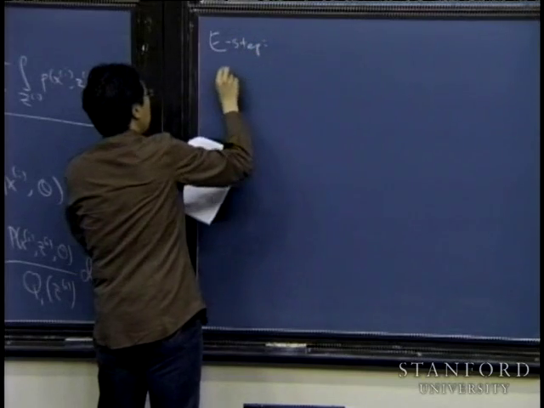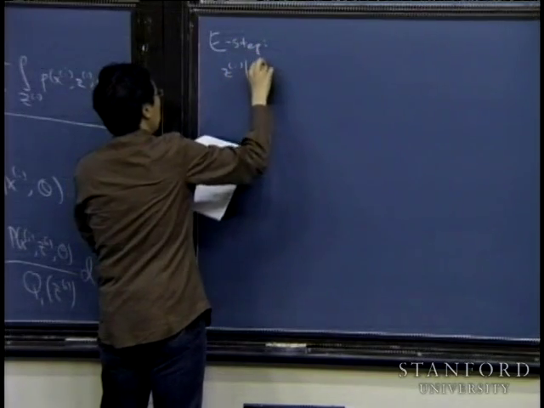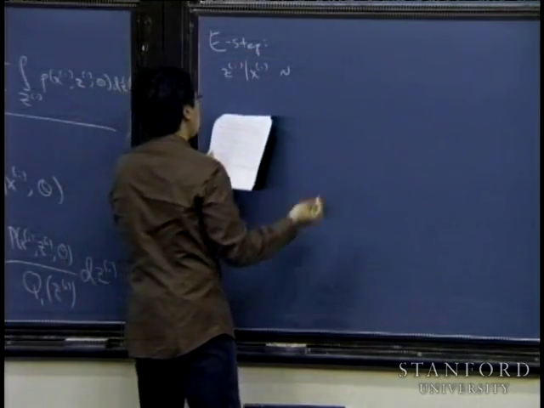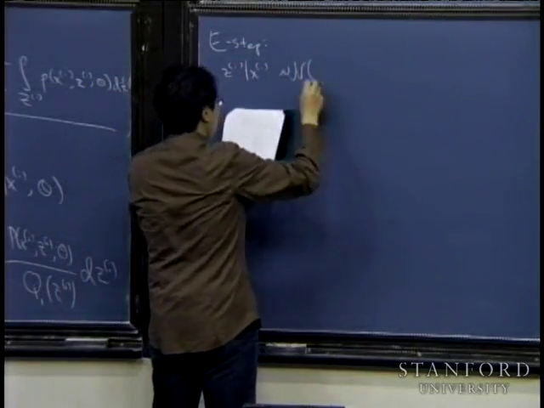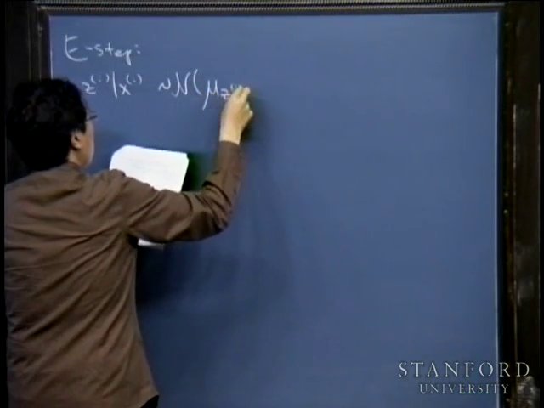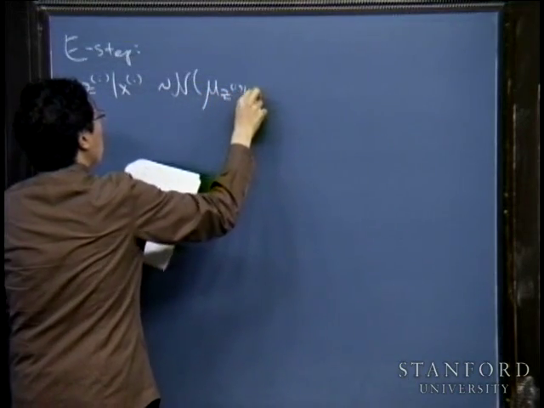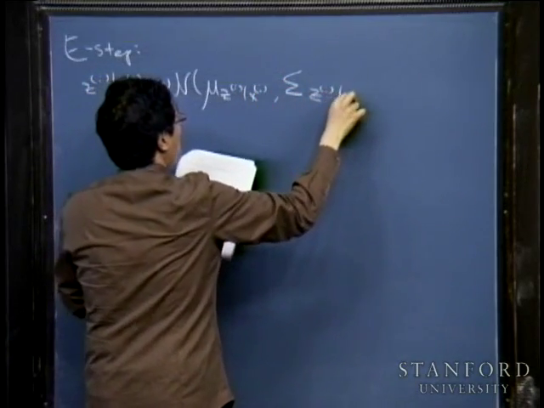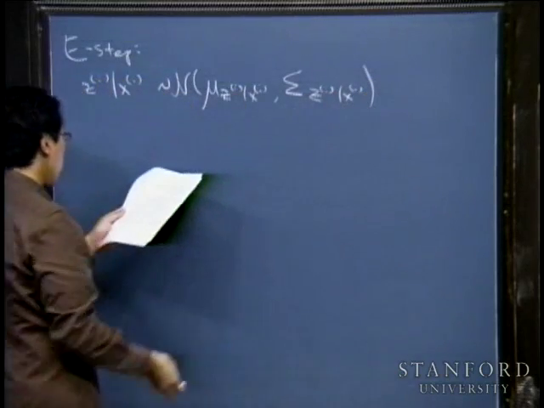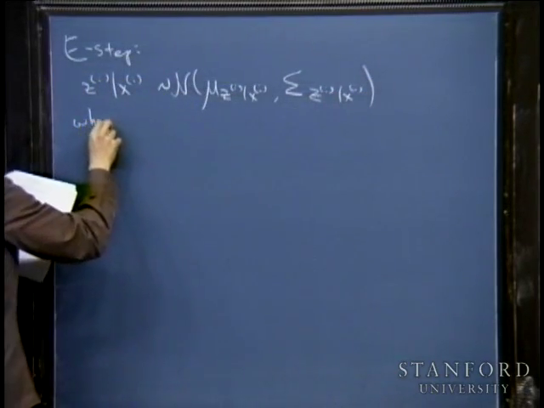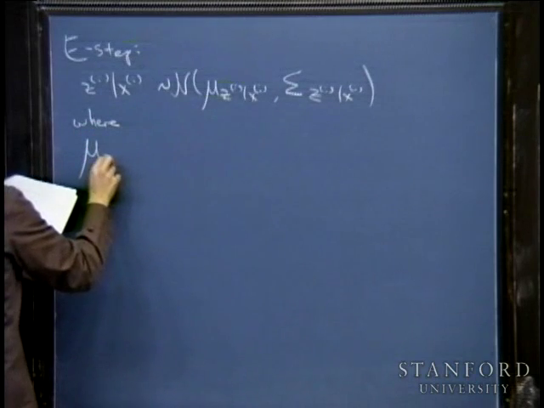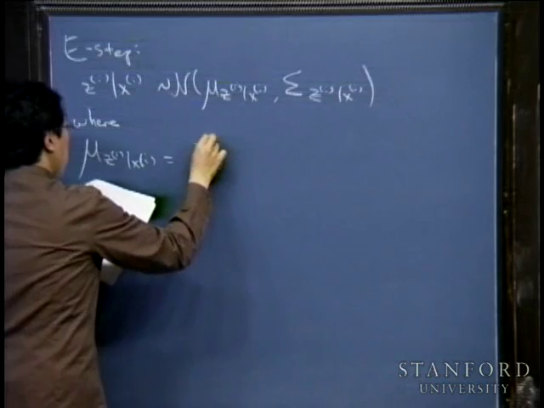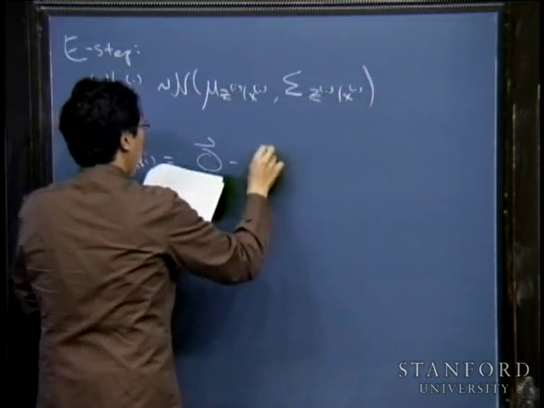And in particular, the conditional distribution of Zi given Xi and our parameters, which I'm going to omit from this equation, is going to be Gaussian with mean and covariance given by these two things that I write like that, where this is going to be equal to the vector 0 minus.